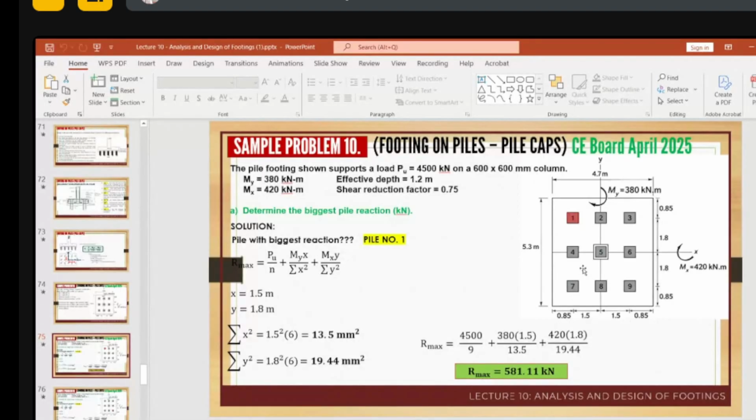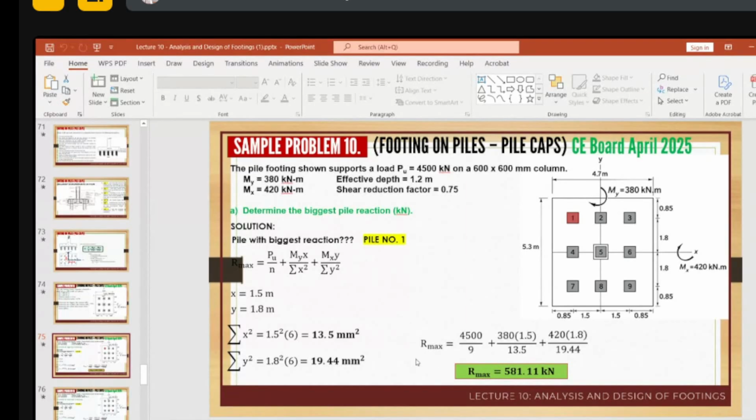That is the summation in x. Then along y, the distance is 1.8. How many piles are there along this y? 1, 2, 3, 4, 5, 6. So you'll have the summation of x squared and y squared.